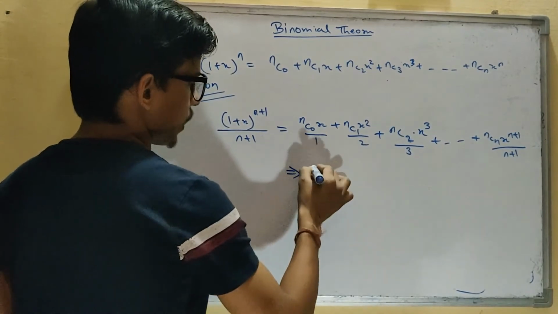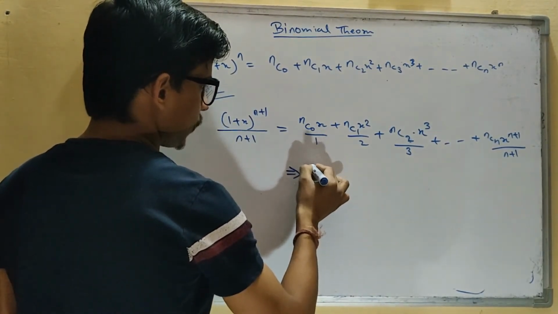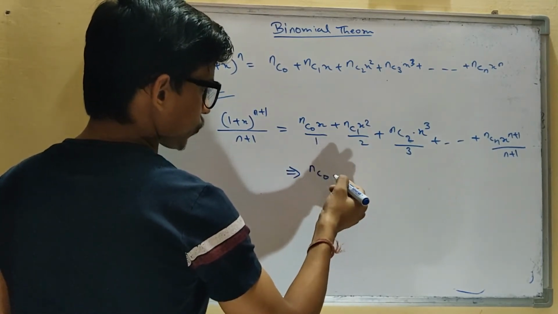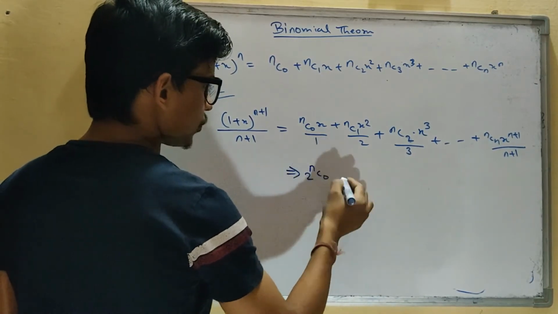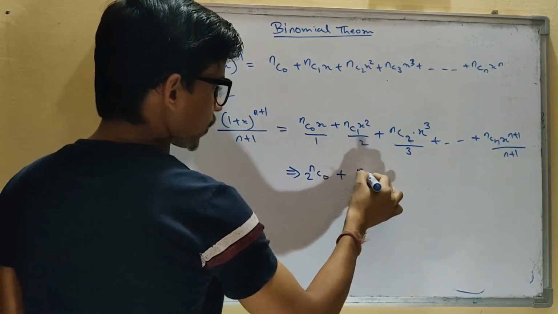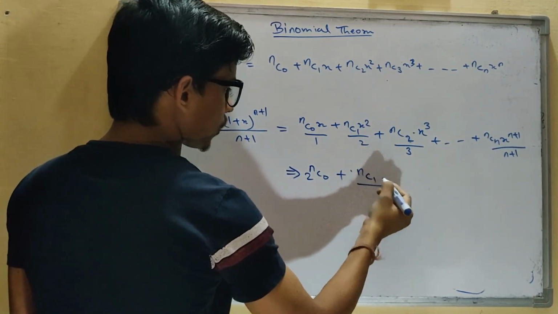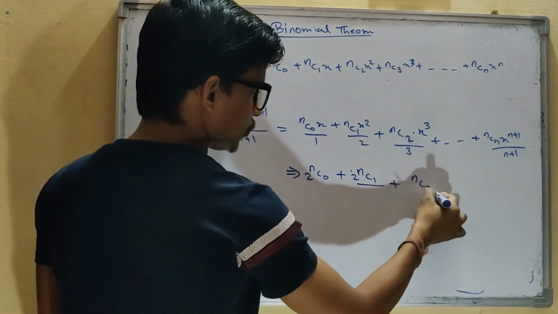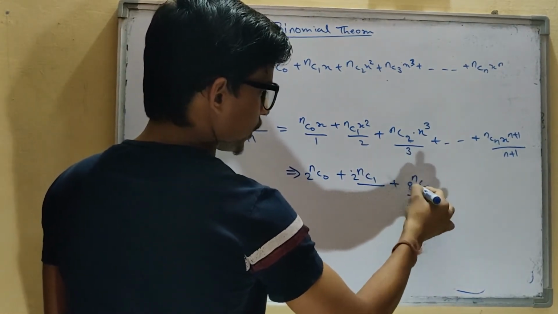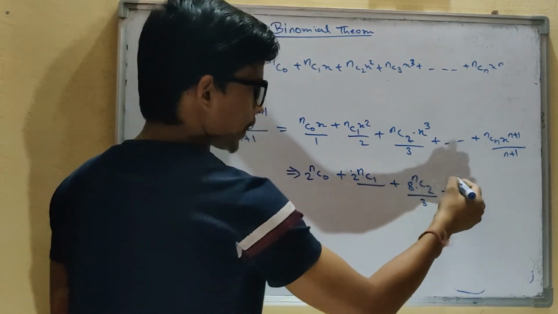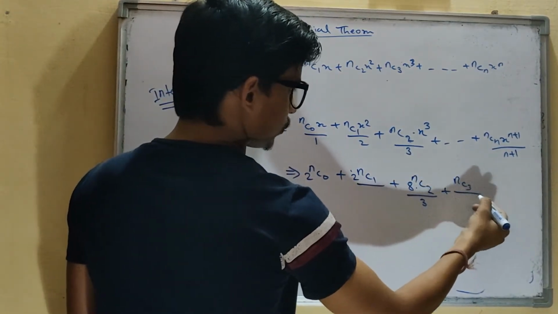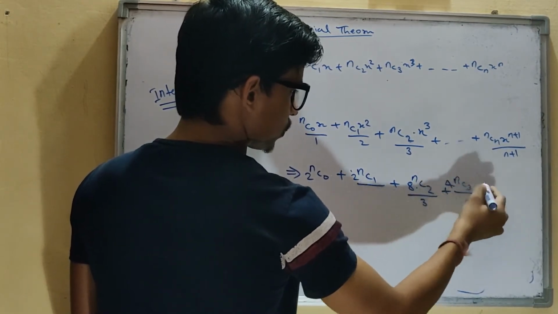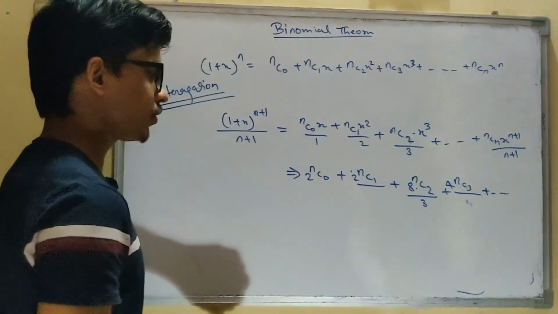Now I am going to do a question, try to solve it. The question is like this: nC0, going till n terms. So 2nC0 plus 2nC1, basically, plus 8nC2 upon 3, plus 4nC3 upon something, and so on, till n terms.